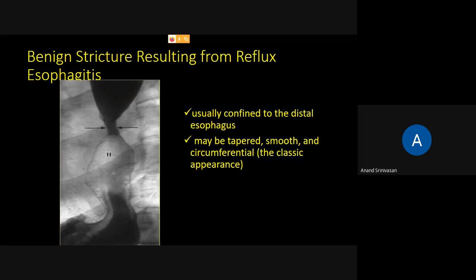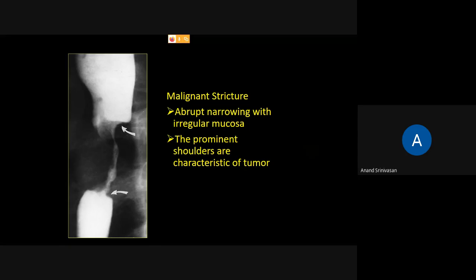So when the stomach contracts, the contents stored in the stomach can go up, and when this happens constantly, it can cause reflux esophagitis and even stenosis, a benign stricture.